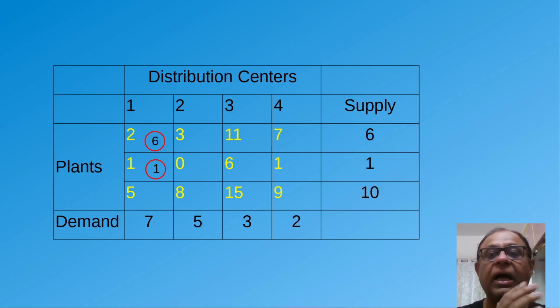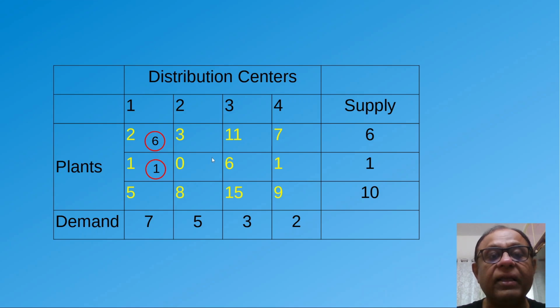Now here I have a supply of 1 from plant number 2. So I allocate that to distribution center number 1. So now the demand for distribution center number 1 has been totally met. Now we proceed towards the right. We go to cell number 2, where the entry is 0.